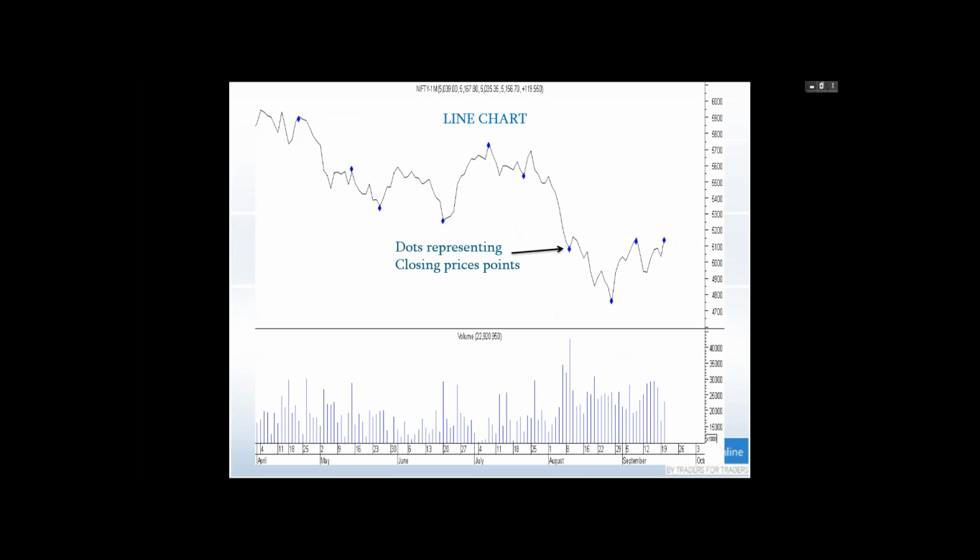Now the screen currently showing at your screen shows what exactly a chart is. How a chart is formed, how a chart moves, a basic line chart.